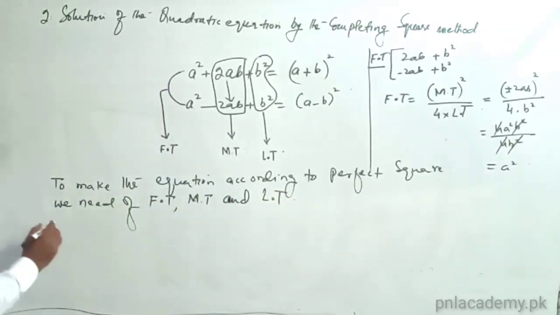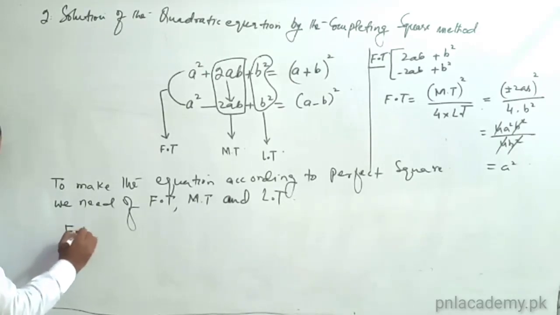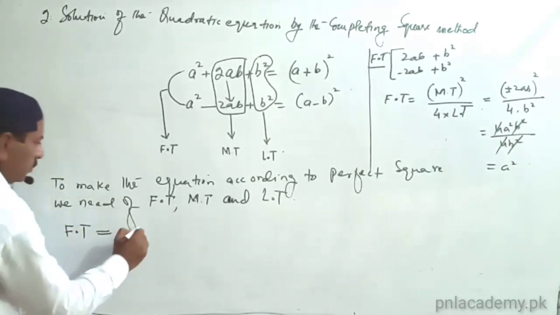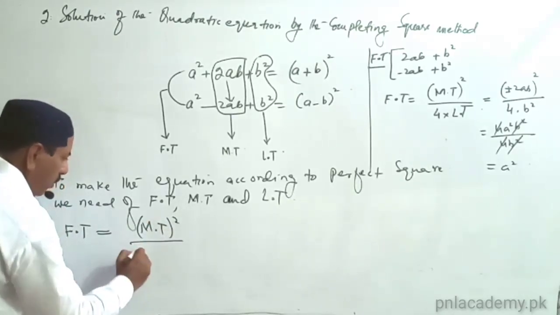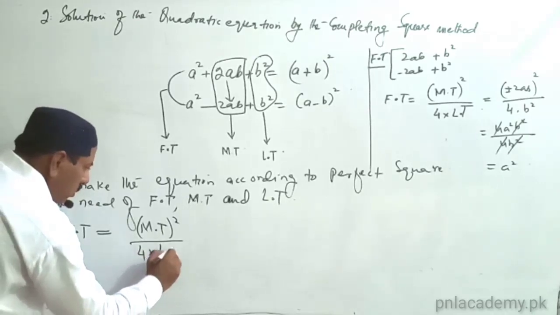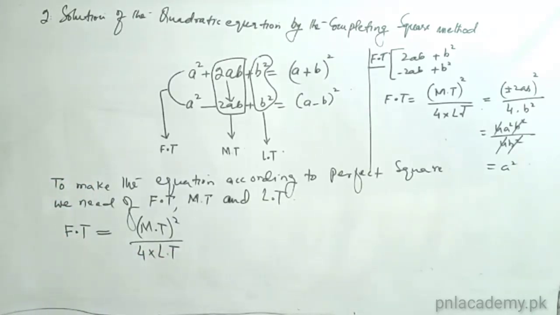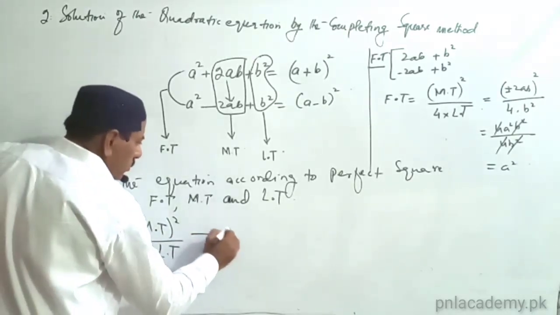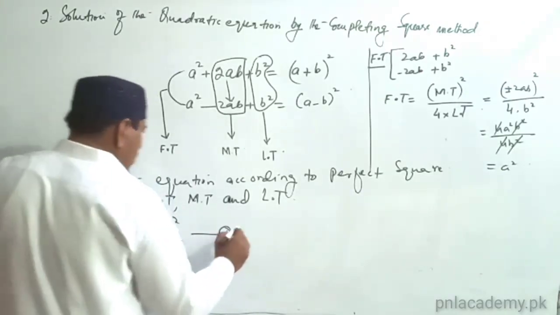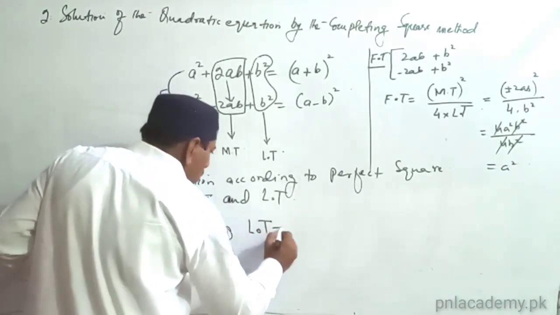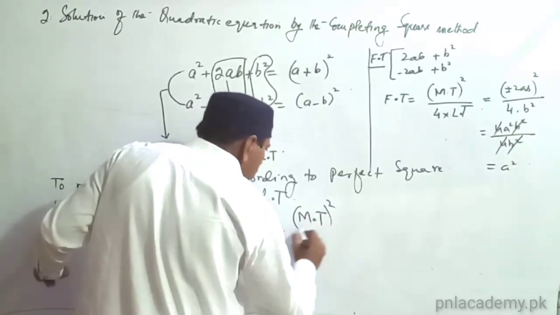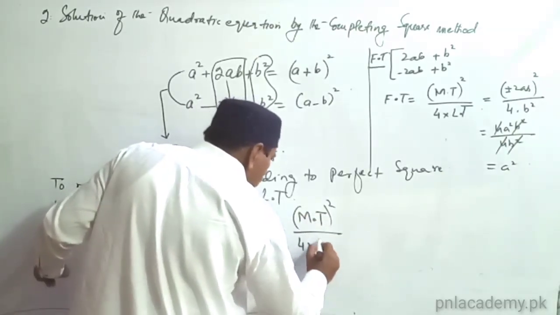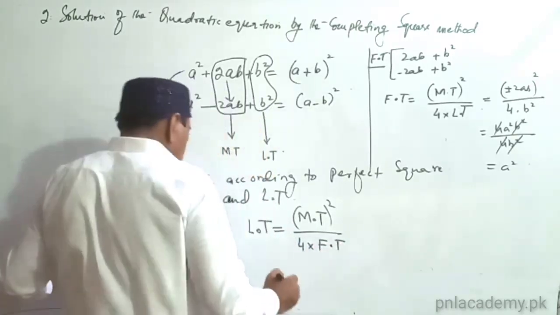So according to the formula, we know that first term is equal to middle term square upon 4 into last term. Number second, last term is equal to middle term square upon 4 into first term.